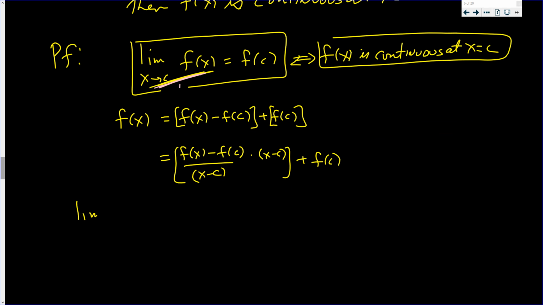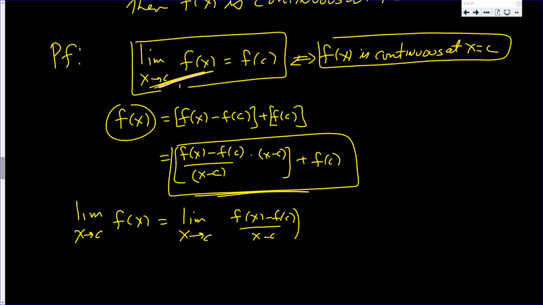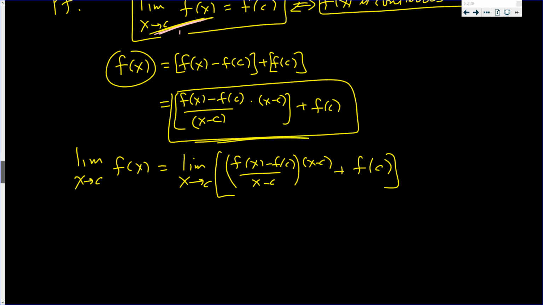Now, let's take the limit of both sides, the limit of this side and the limit of that side as x goes to c. The limit as x goes to c of the left side equals the limit as x goes to c of this mess, which is f of x minus f of c over x minus c times x minus c plus f of c. But we have some limit rules. It's saying that I can distribute the limit over addition.